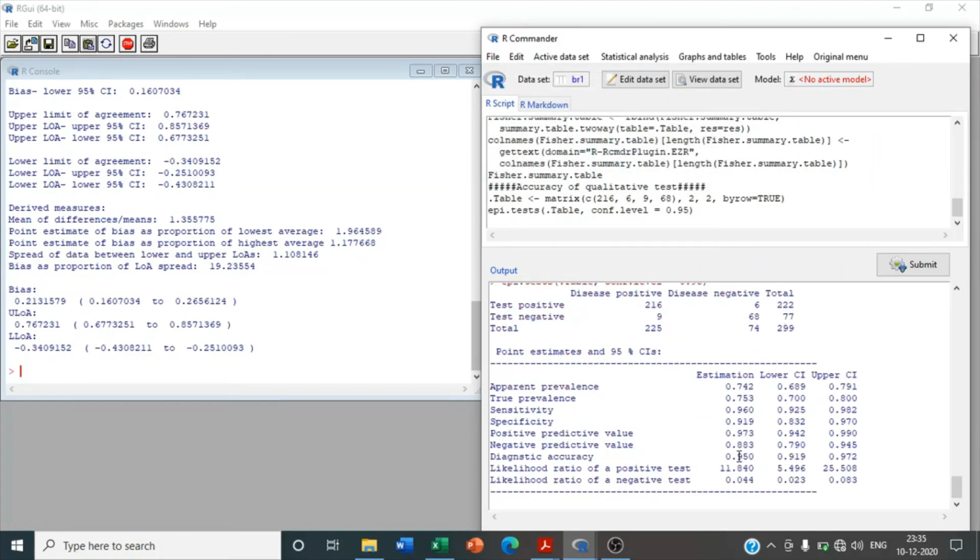As we see, as the threshold went up, the sensitivity actually went down to 96% from 98.2. The lower confidence interval went down. It is still higher than 90%, but it has gone down. The specificity, on the other hand, has increased markedly. It has gone up to 91.9% with a lower confidence interval of 0.832.